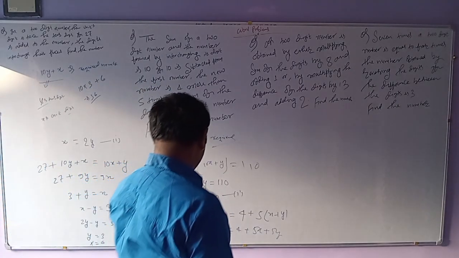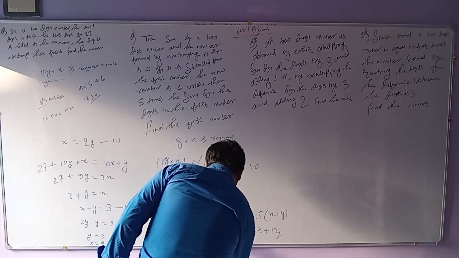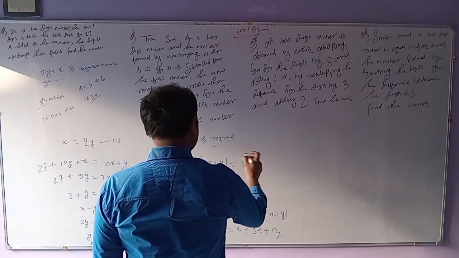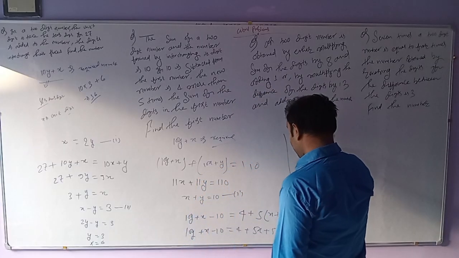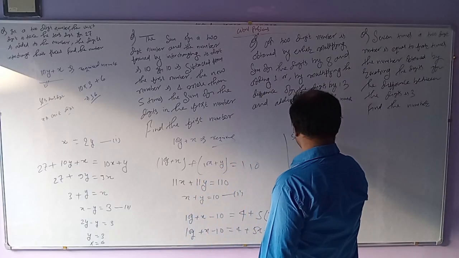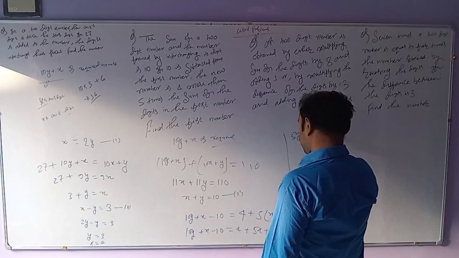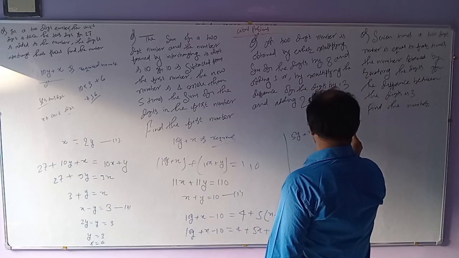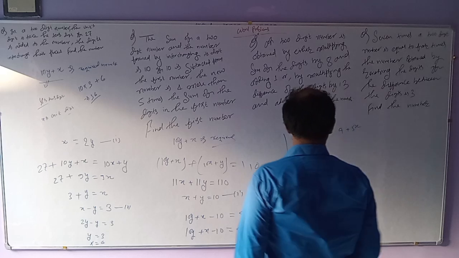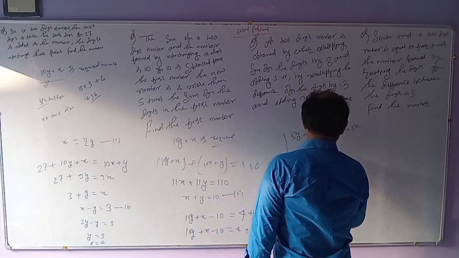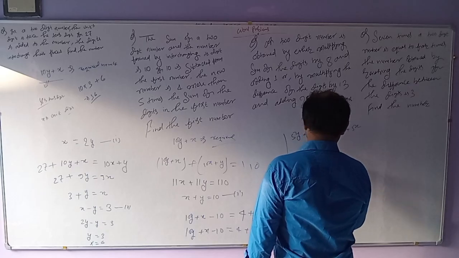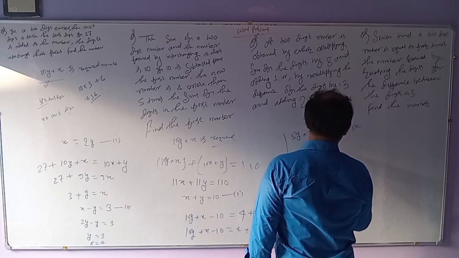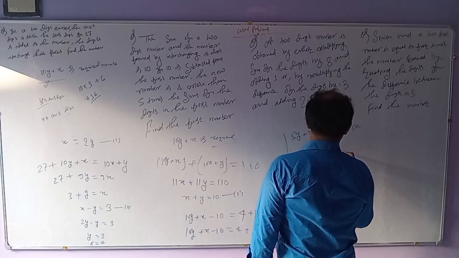Then we get 5y. So let's solve here. 5y plus x minus 10 is equal to 4 plus 5x. 5y minus 10 is equal to 4 plus 4x.